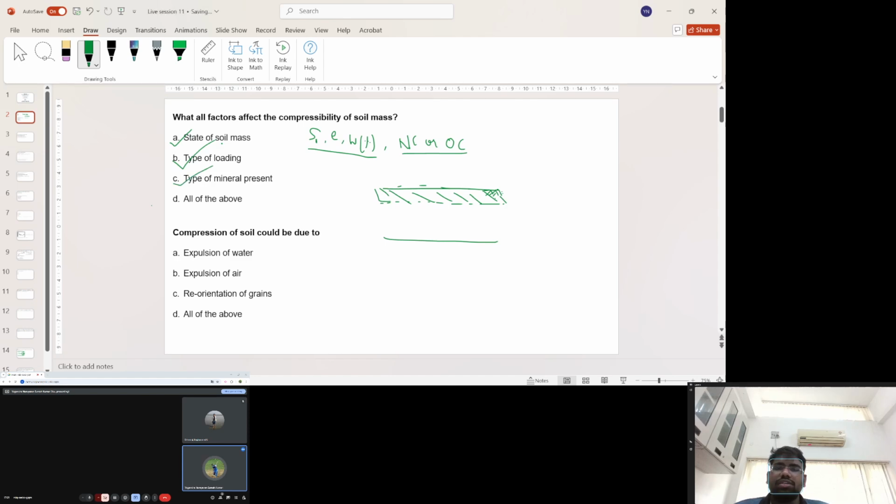State of soil mass, which includes saturation, void ratio, water content; type of loading, which determines NC or OC behavior; and type of minerals, which essentially governs the stiffness parameter as well as the amount of pore pressure that is going to be generated. So all the three parameters govern the compressibility of the soil mass. Hence, option 4 is the right option.